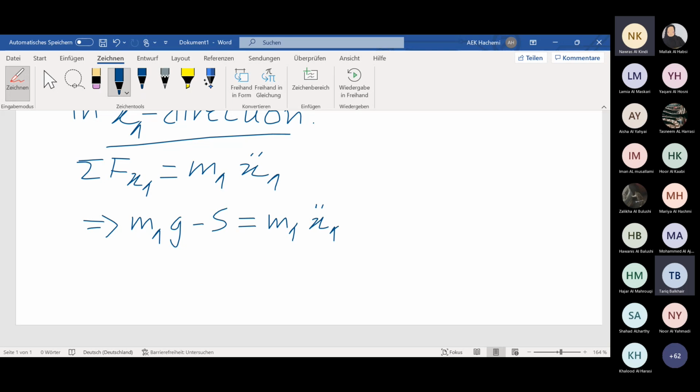Okay, this is what we get. Then we have two equations, this one I noted by 2.